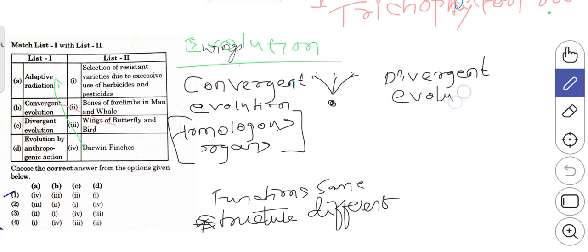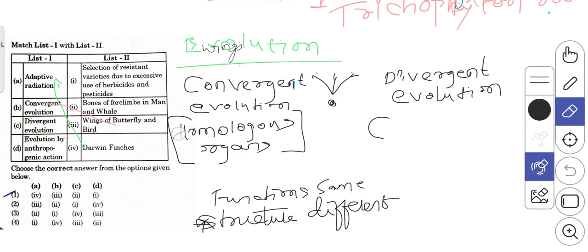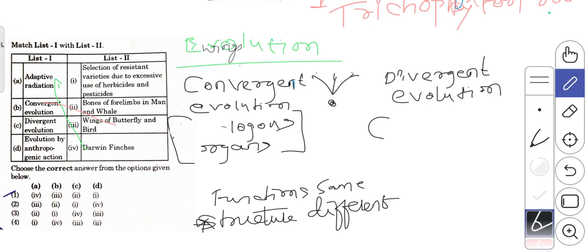Divergent evolution. These are commonly called, sorry, I made a mistake here. The earlier one will be called analogous.